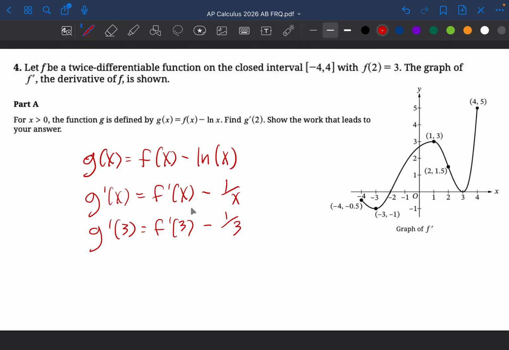Now, we don't want 3, we want 2. So since we want the value at 2, we're going to look to our graph and we're going to see 1.5. But I'm going to just leave it as 3/2, because that leaves us with a value of 1 for g prime of 2.